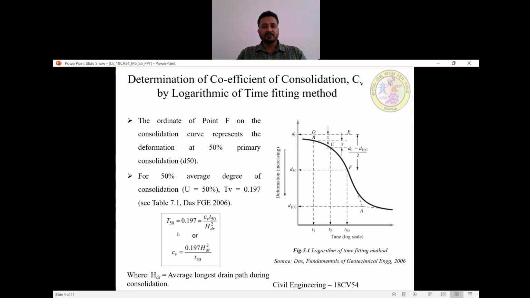By substituting this value in the formula, we get time T50 is equal to CV into T50 divided by H square, HDR square, that way where CV is equal to 0.197 H square by T50, where H is the average longest drain path during consolidation. So this is how we find out the coefficient of consolidation corresponding to 50% consolidation.